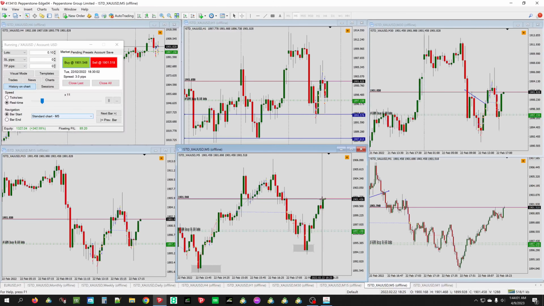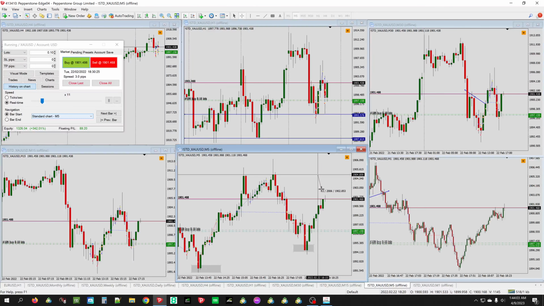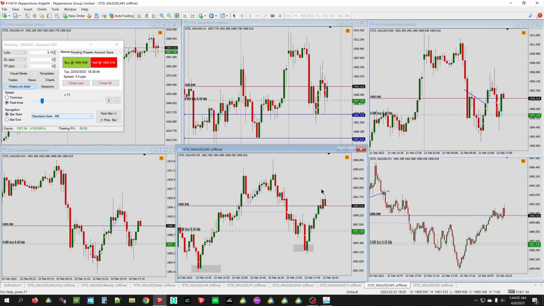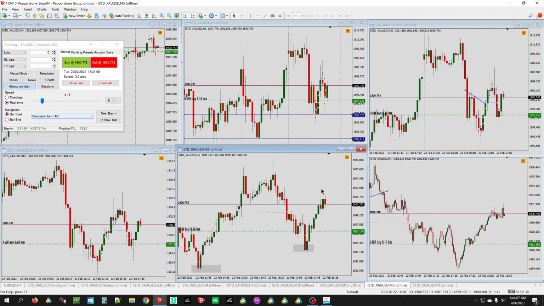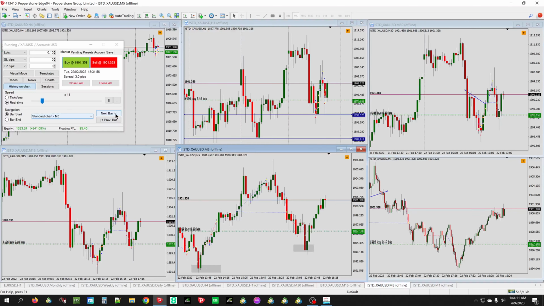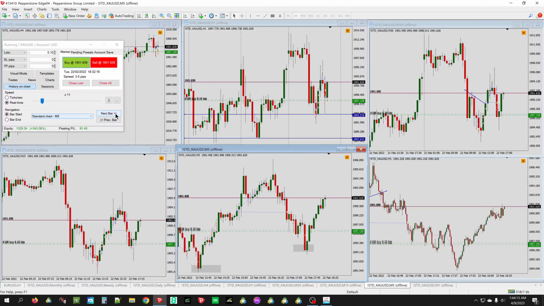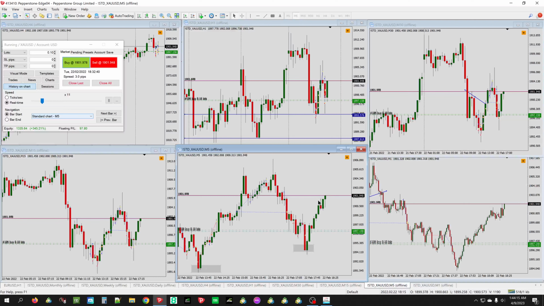Now I am just waiting because I do believe that we can push up till 1900 area, but that anticipation can be wrong. So I will just fast forward. No, I will not fast forward the candles. I will just wait.